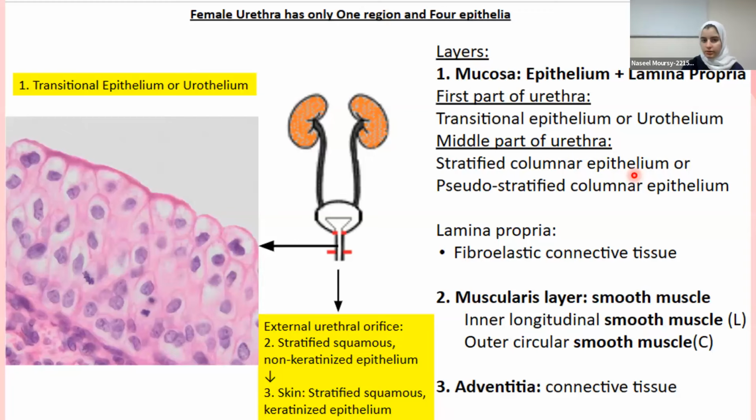You can kind of take it as half and half. So transitional, and then stratified columnar. Did you guys understand this part? It's much simpler than the male. You guys got this?